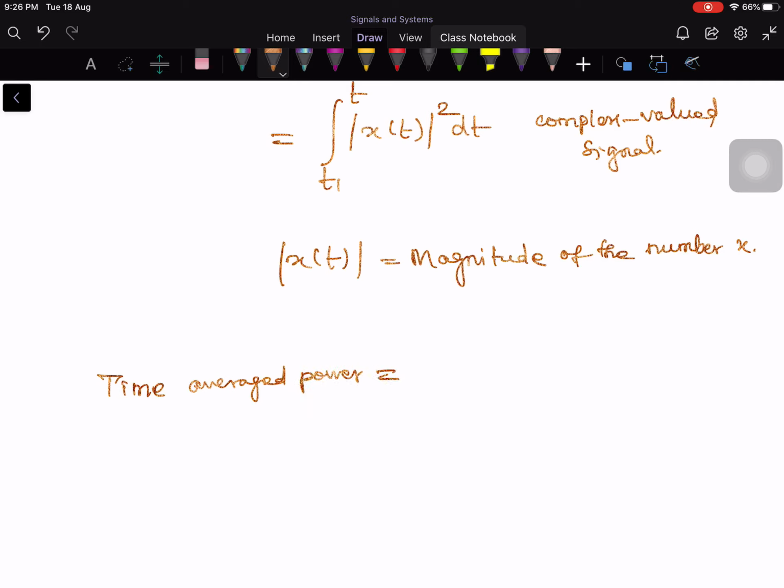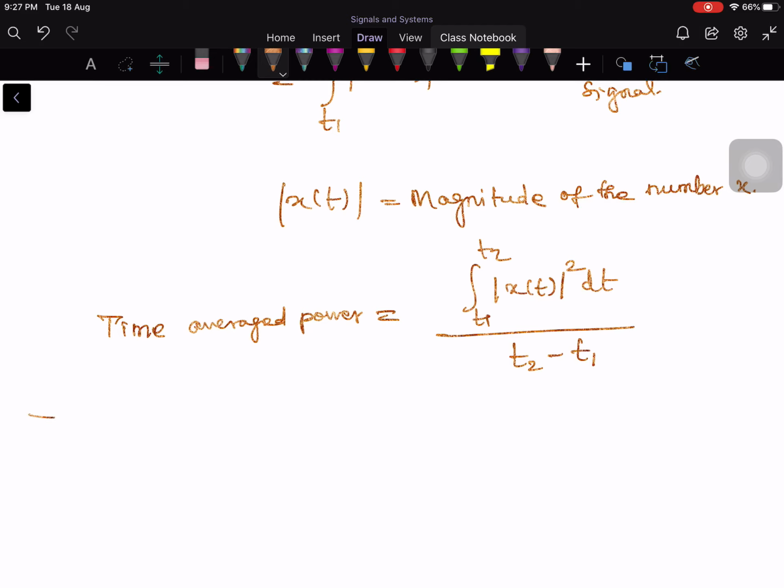Time averaged power is equal to: you take the energy, that is the integral of modulus of x of t squared, with limits t1 to t2, and divide by its length. What is the length? The length is t2 minus t1. So this is the time averaged power of a complex signal x of t.